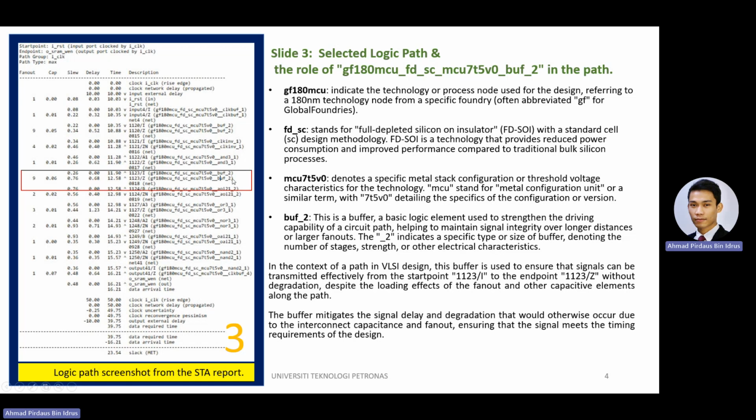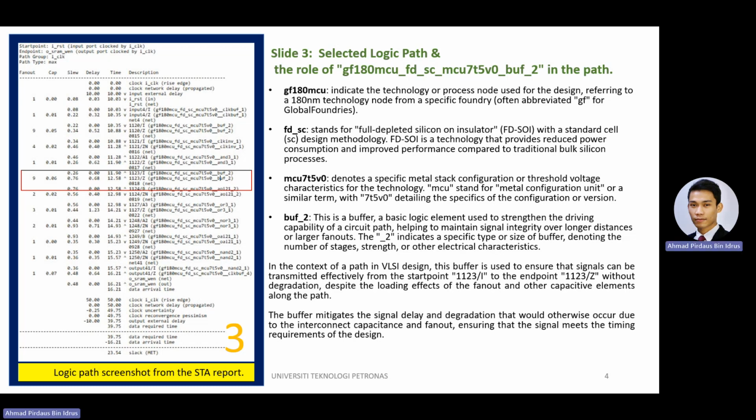And then buff underscore 2, this is a buffer, a basic logic element used to strengthen the driving capability of a circuit. The 2 indicates the specific type or size of buffer, denoting the number of stages, strength, and other electrical characteristics.